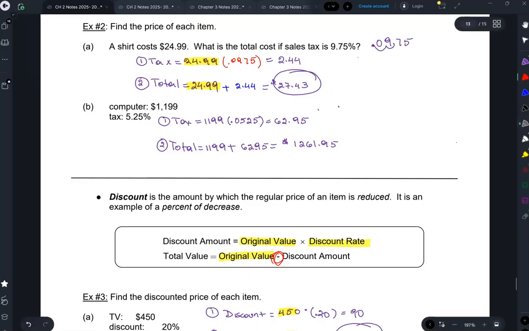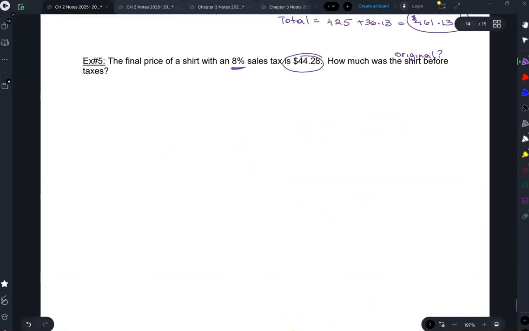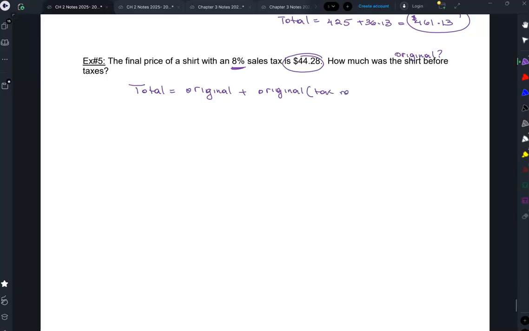We were basically doing the original times the sales tax, and then what? And then adding it to what? The original, right? So that's what we're going to do. So the total was the original plus the original times the tax rate.